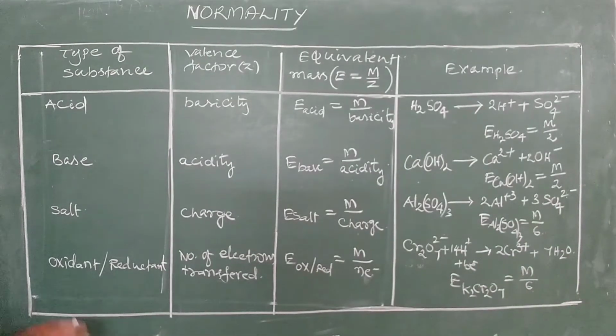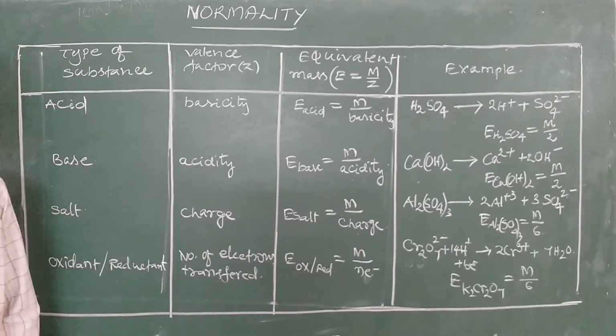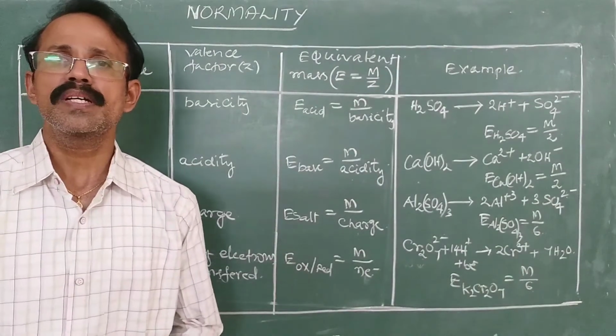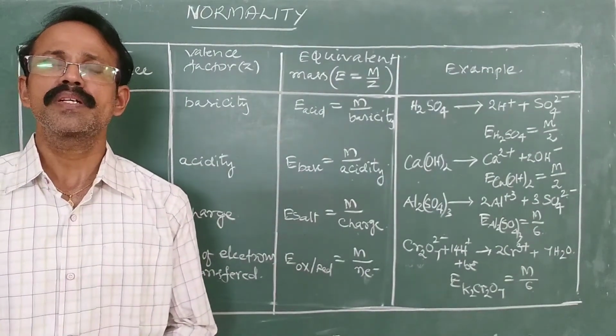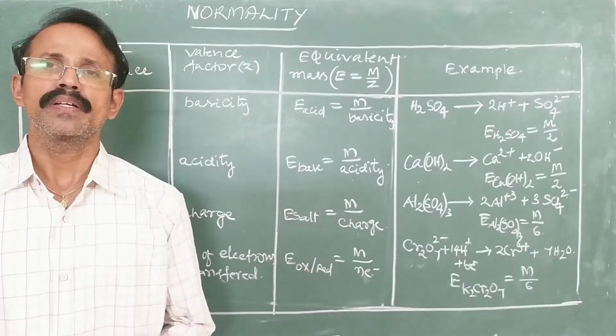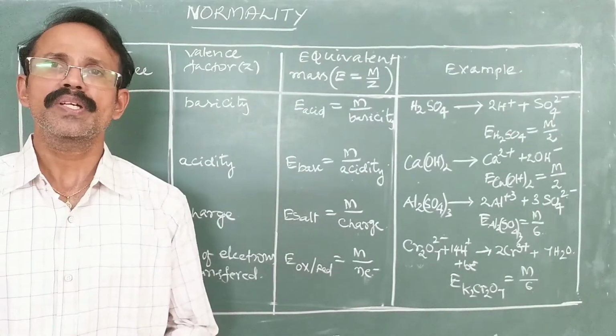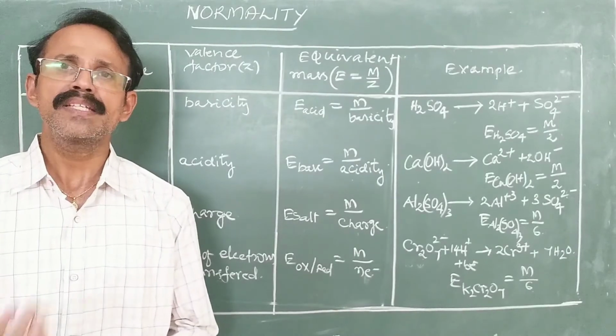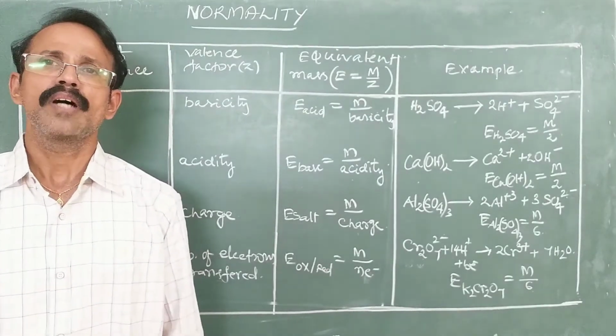The next category is oxidizing and reducing agents. In oxidation, electrons are released, and the substance which releases the electrons is the reducing agent. In reduction, electrons are gained, and the substance which gains the electrons is the oxidizing agent.